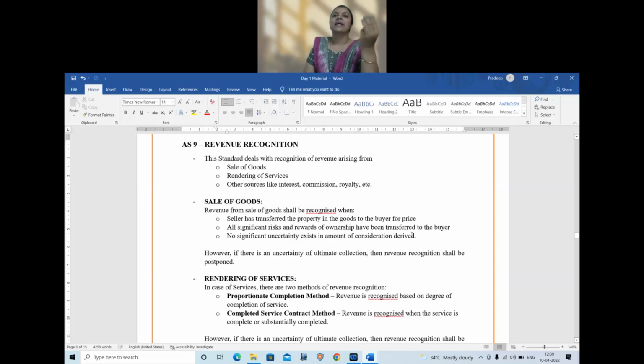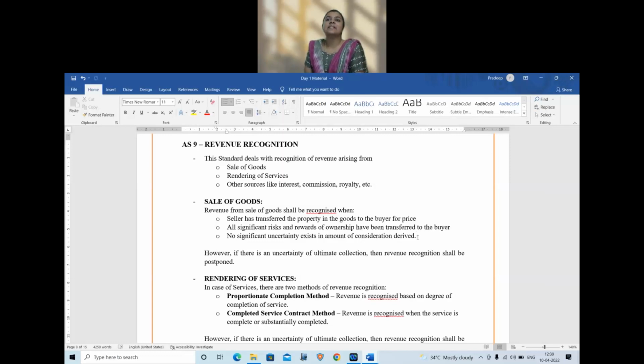Third, there is no uncertainty in the amount of consideration received or receivable. So, 3 points here. Seller has transferred the goods to the buyer. All risk and rewards of ownership have been transferred. Third, there is no uncertainty in the amount of consideration.